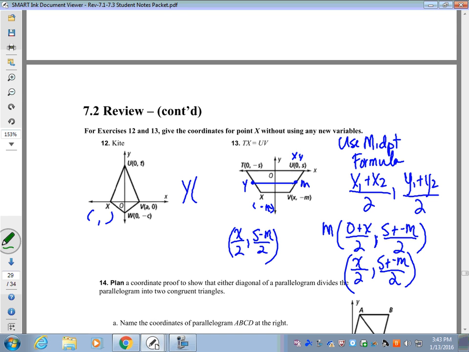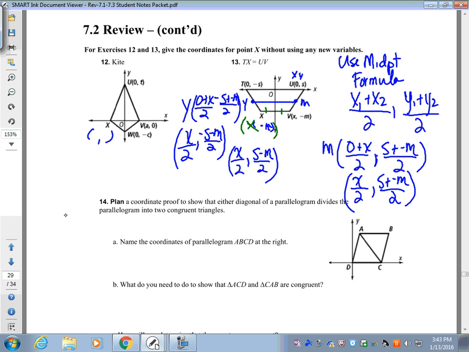So if this is at X, this also is going to be X, and there's going to be a negative X. Now we add our values. We've got 0 plus X divided by 2, and a negative S plus a negative M divided by 2. Then you simplify that: X over 2 and negative S minus M over 2. And that is the breakdown for your test.